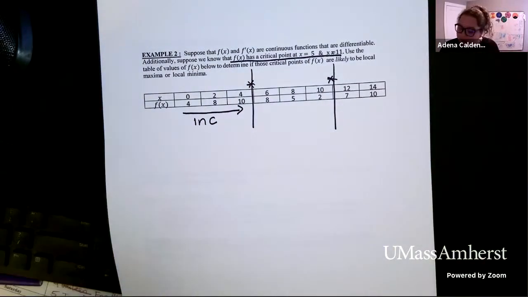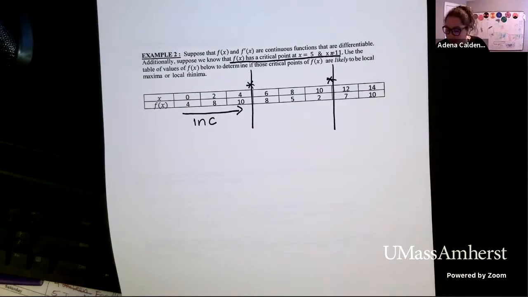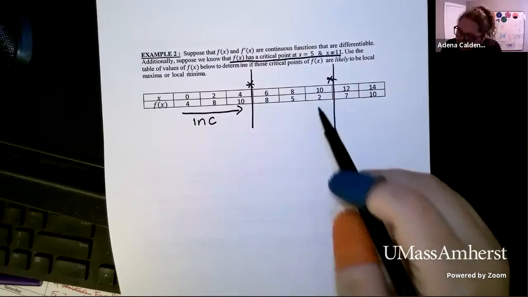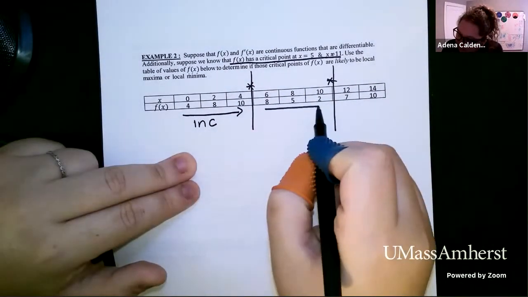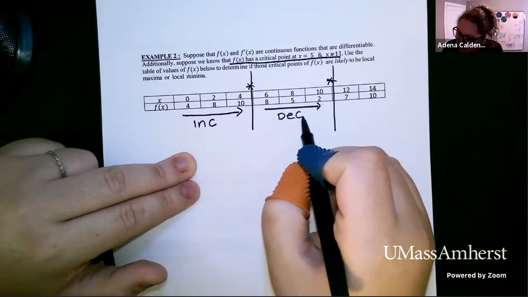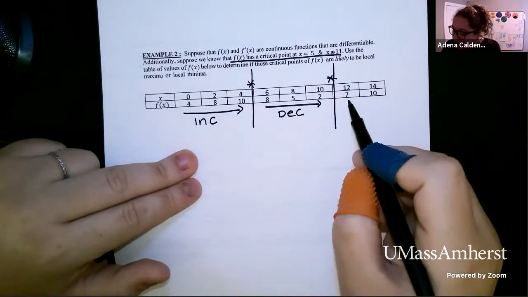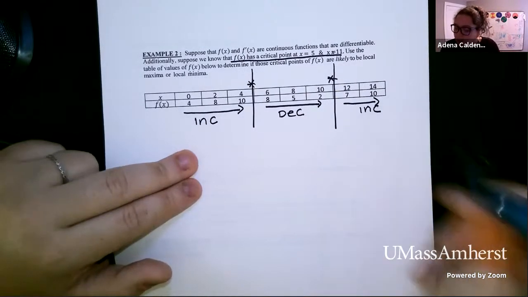So before I get to 5, I am increasing. Okay, what about after 5? So here I have 8, 5, 2. So those numbers are going down. So from this chunk, my values are decreasing. And then here after 11, I have 7 and then 10. So we're increasing again.